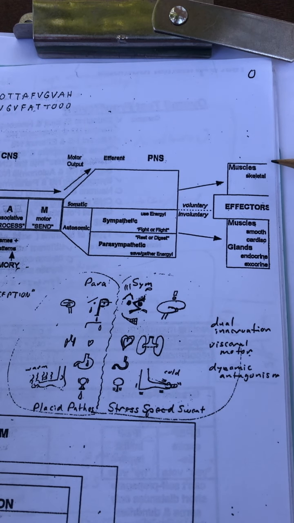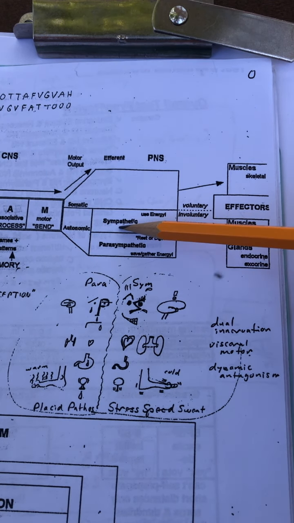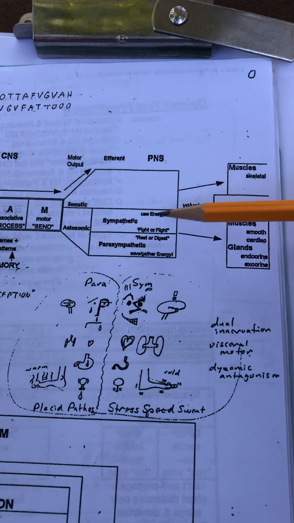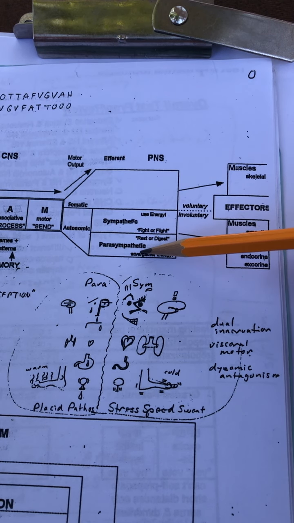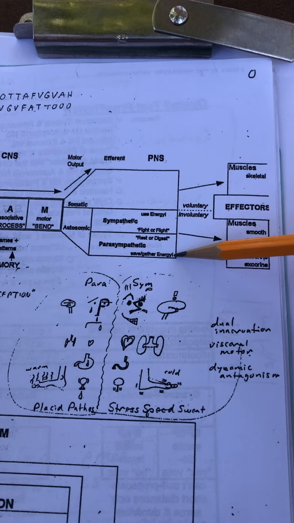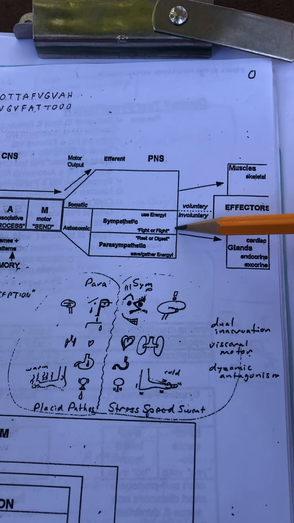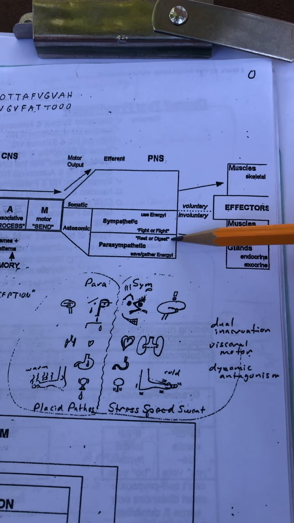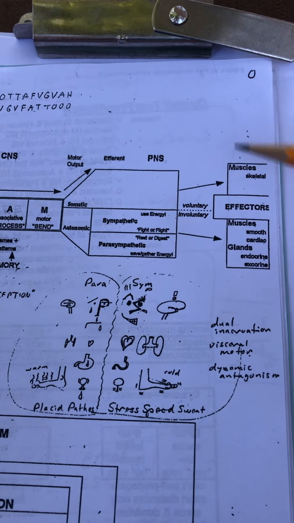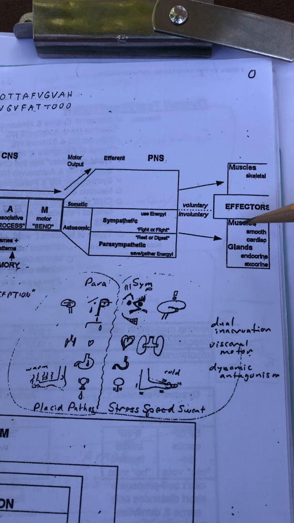Down here, when we talk about the sympathetic nervous system, we mentioned that it uses a lot of energy. The parasympathetic tends to save or gather energy. The sympathetic nervous system is called the fight or flight system. The parasympathetic is called the rest and digest. They both send signals to smooth and cardiac muscle and to endocrine and exocrine glands.